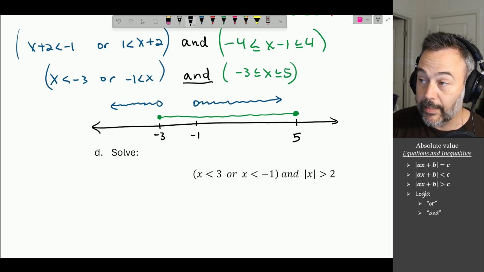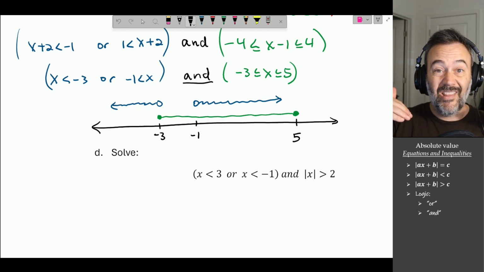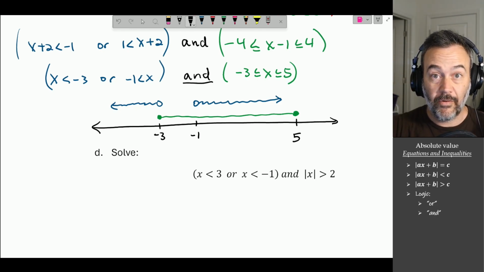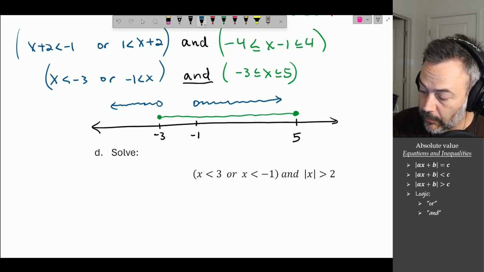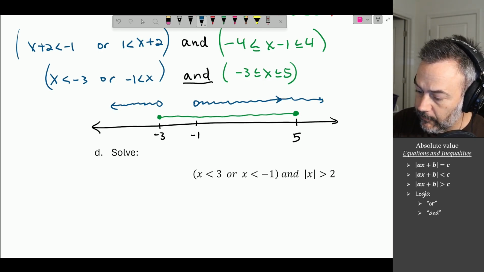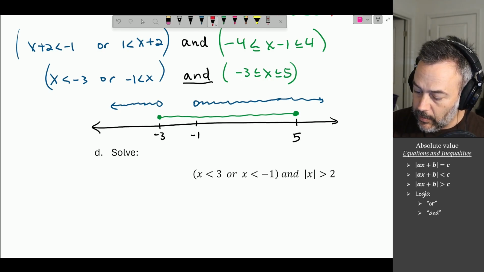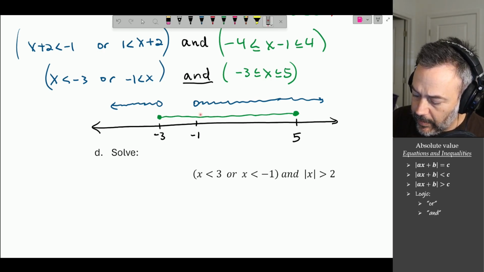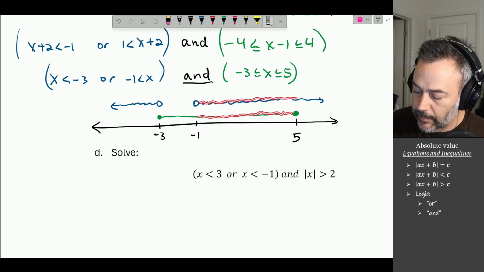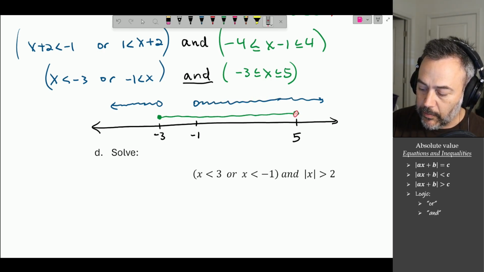Now all we need to do is handle the and. We want everything that's in the blue set and the green set. So any number in our final solution needs to be in both sets simultaneously. And you'll notice that this actually goes forever to the right. And you will see that any number that is between negative 1 and 5 is in both the green set and the blue set. 5 is in both sets.